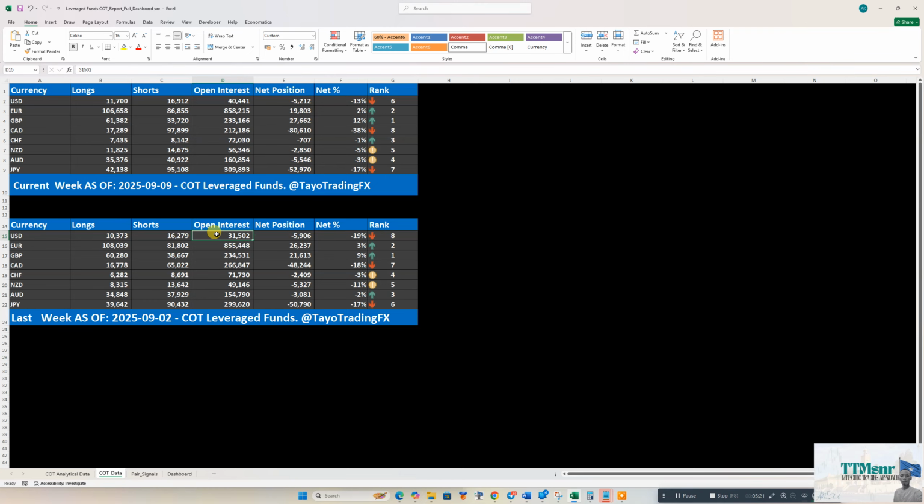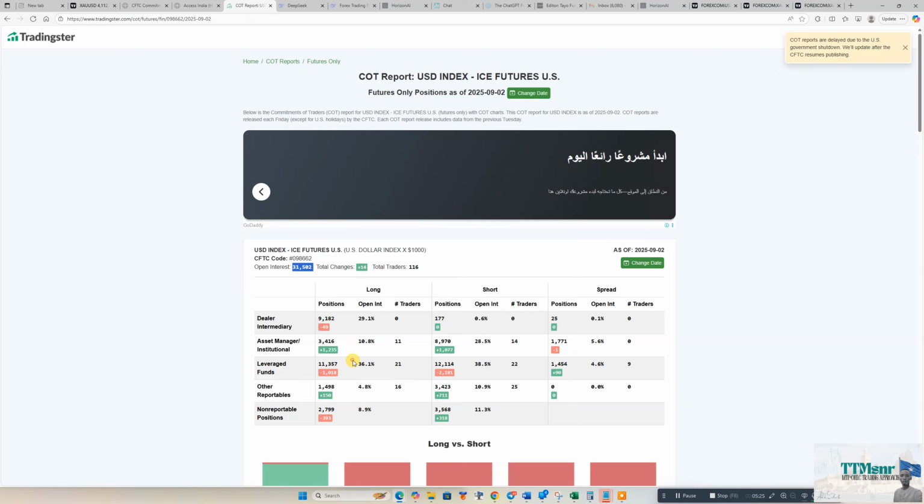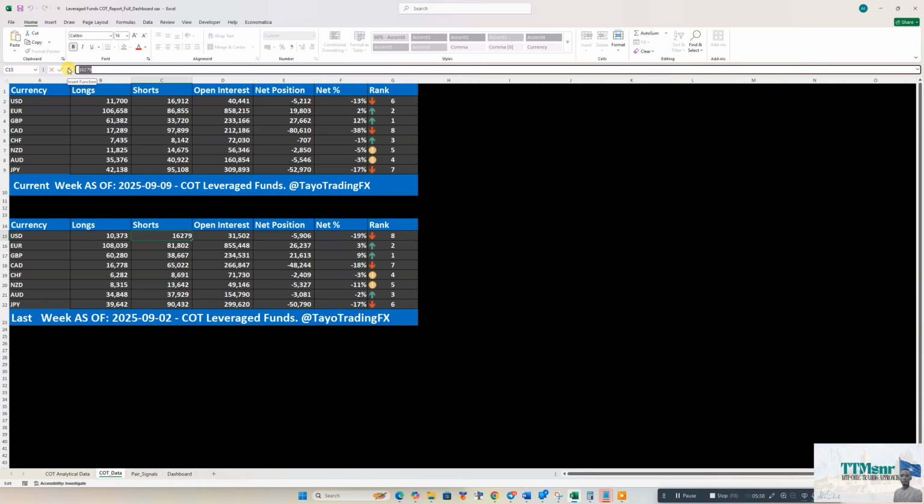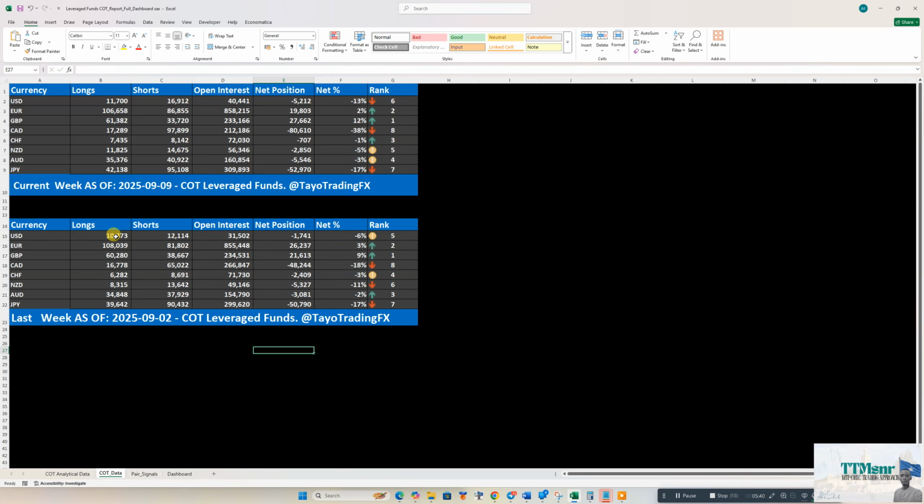Also I will take the short position, it is leverage funds, and this is the short position where I will put. And then this is the long.